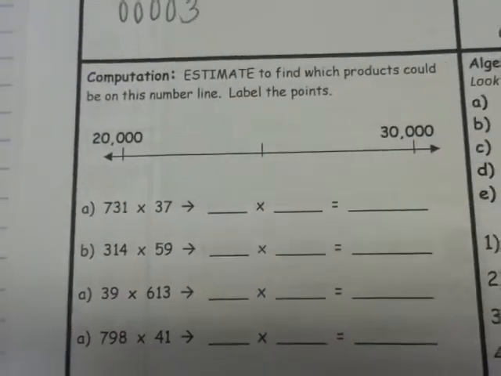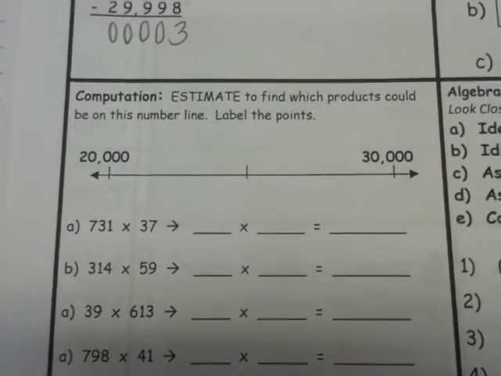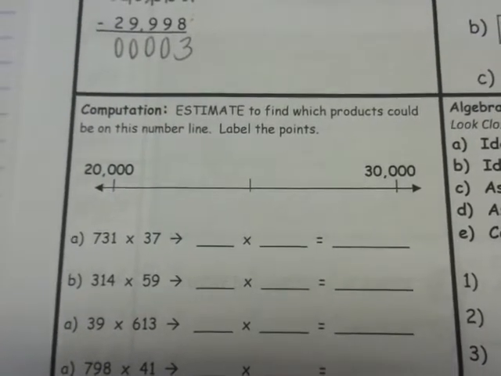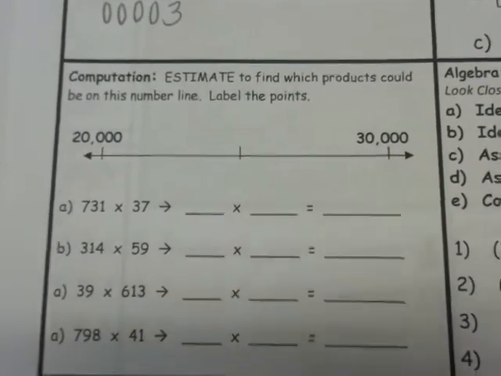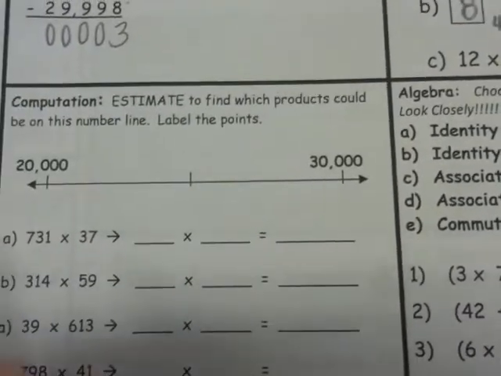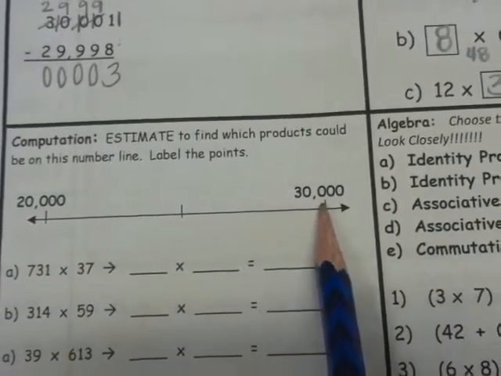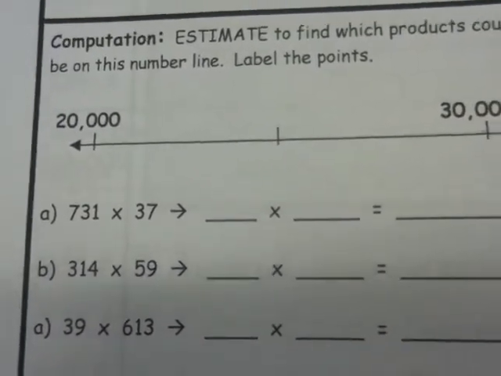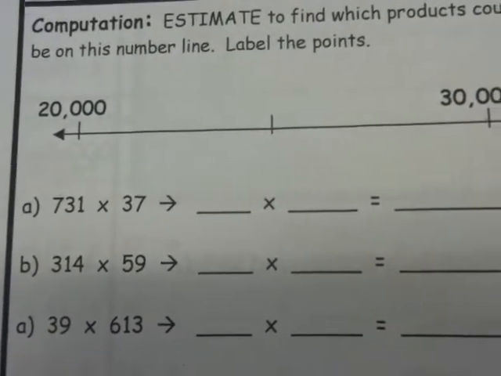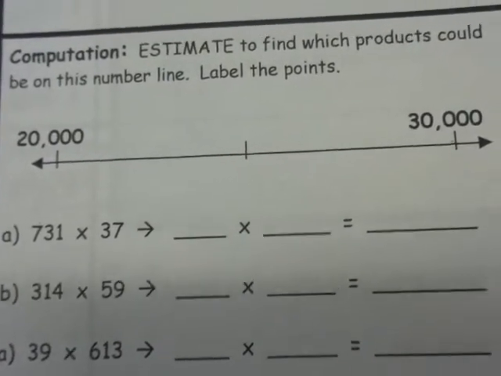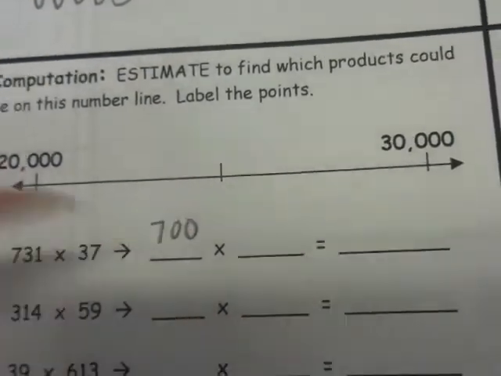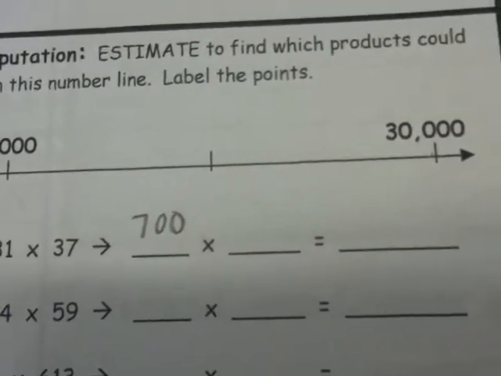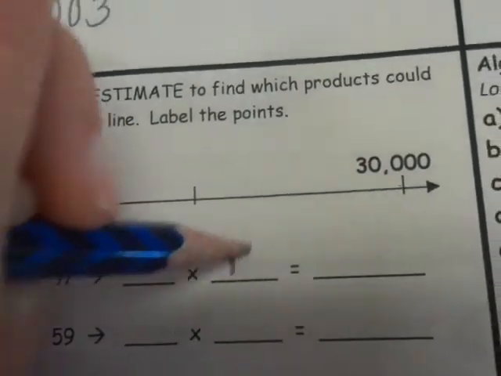Alright, the next square is asking me to estimate to find which products could be on the number line and then label the points on the number line. My number line shows me 20,000 and 30,000. So let's start. 731 times 37. I have to estimate both factors. 731 is closer to 700. 37 is closer to 40.